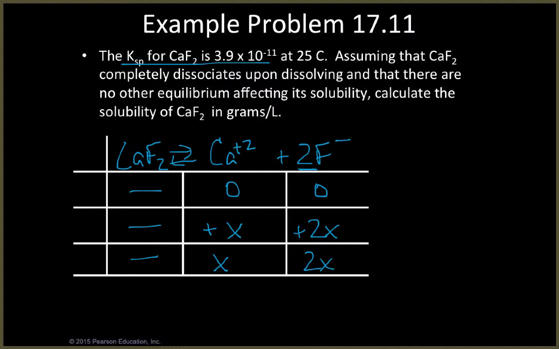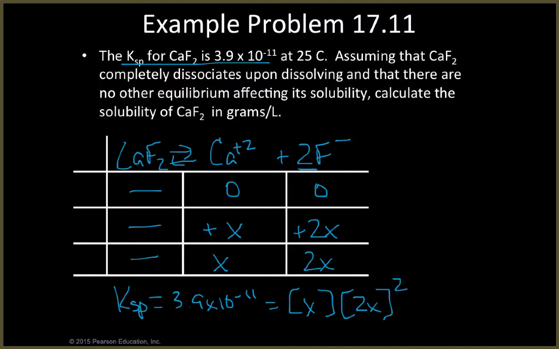So when I set up my KSP, I know KSP is 3.9 times 10 to the negative 11th, and that's going to be equal to my calcium, which is x, times my fluorine, which is 2x, to the second.